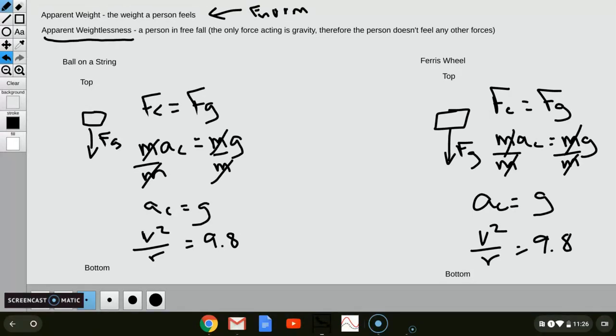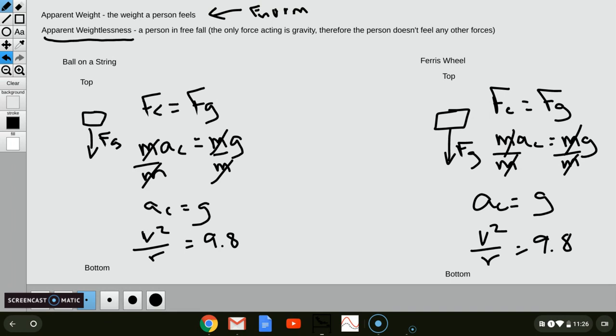So again, if we know the radius of the Ferris wheel that we're sitting on, then it's just a matter of running it through this quick calculation to figure out how fast you have to go to make the person feel weightless.